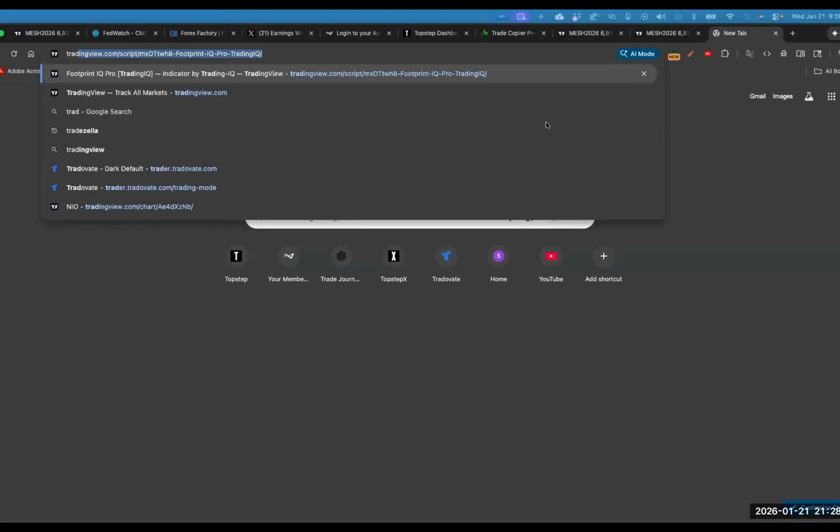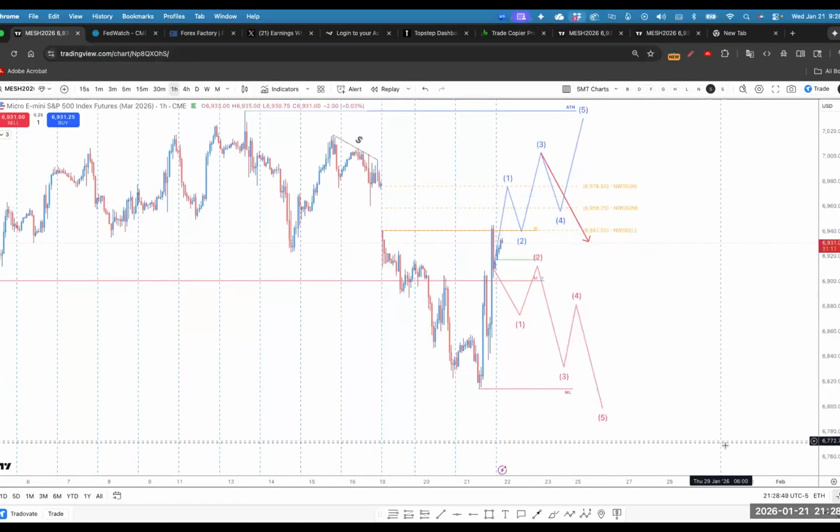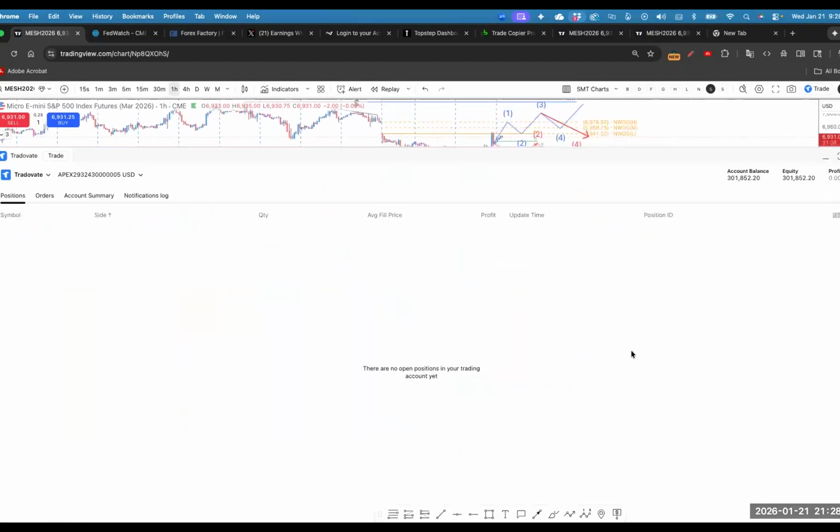So I have Apex and I have Top Step, right? But the main accounts I'm trading right now are my Tradovate accounts, and all of them are through Apex and Top Step.